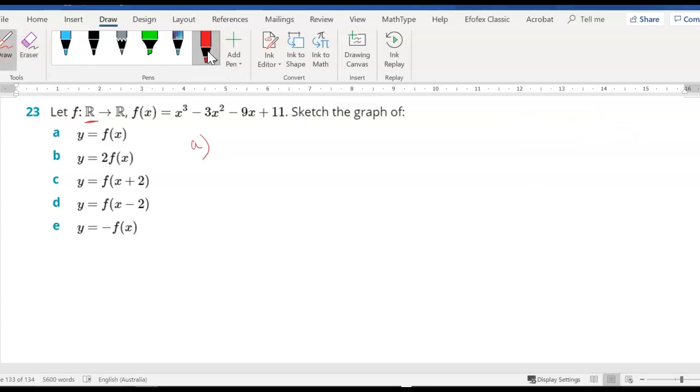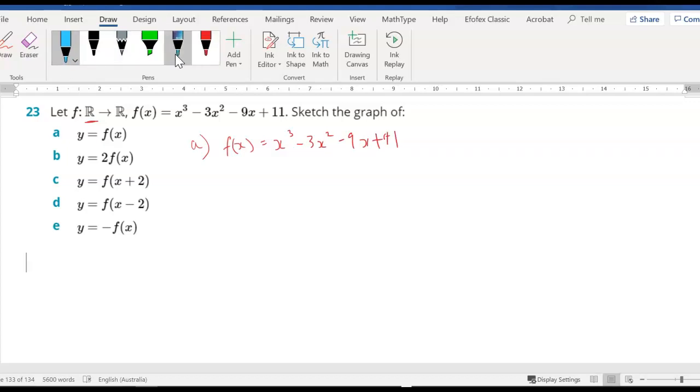Okay, so for question A, we're just going to sketch the graph of f(x), and f(x) is equal to x cubed minus 3x squared minus 9x plus 11.